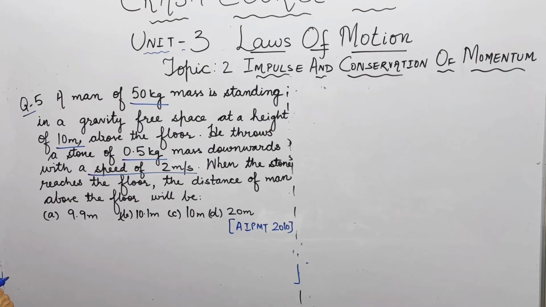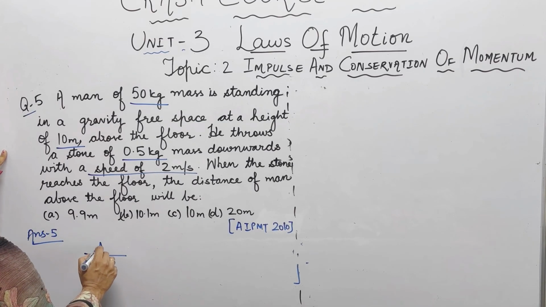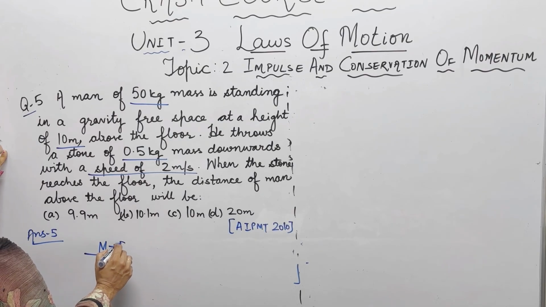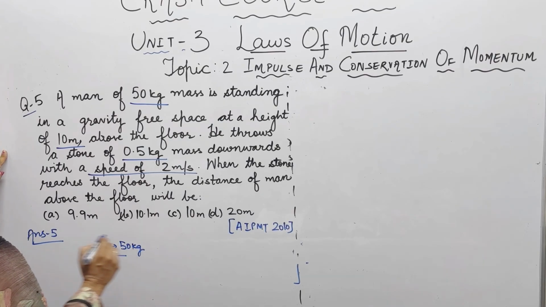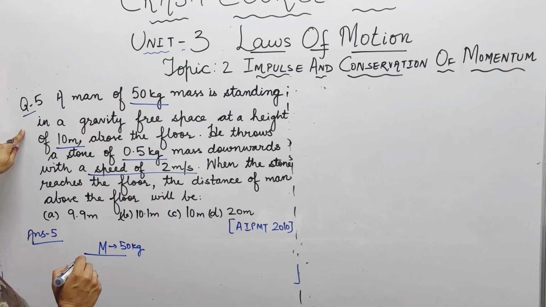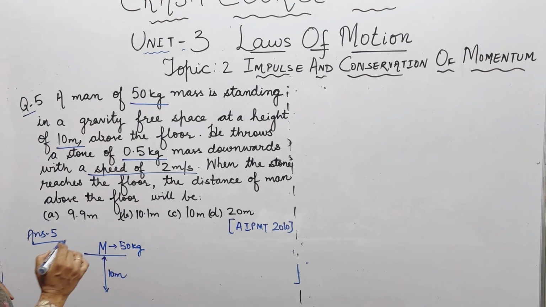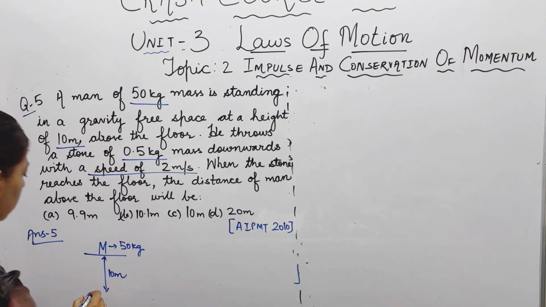To solve this question, first see whatever things have been given to us. According to the statement, this is the man, whose mass is given as 50 kg, standing in a gravity-free space at a height of 10 meters. This is 10 meters above the floor.